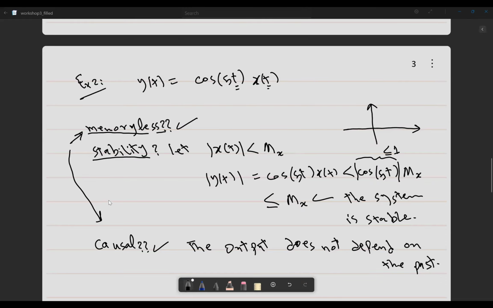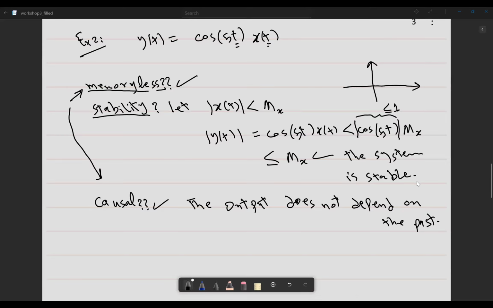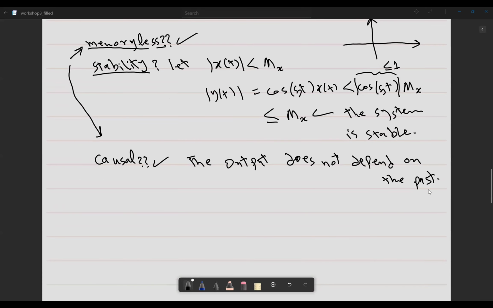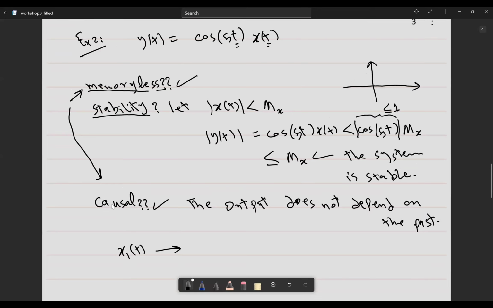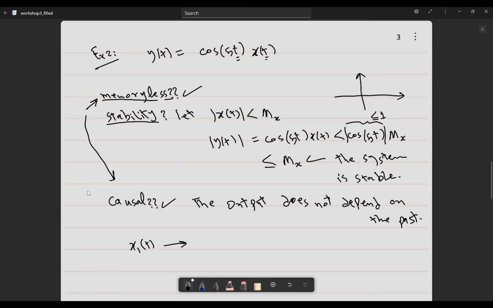Let's check it. Let's assume we have input x1t, then the output, from the definition of the system, will be cosine 5t x1t.